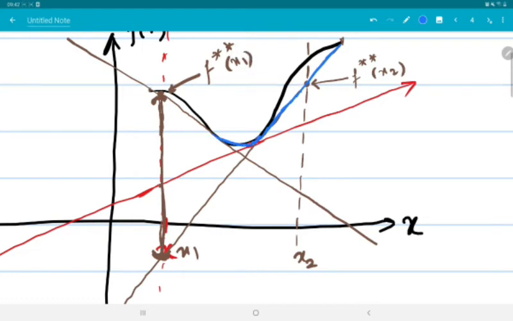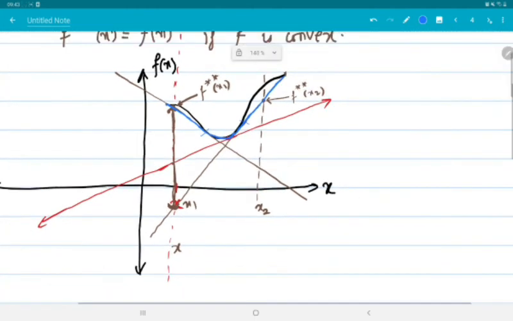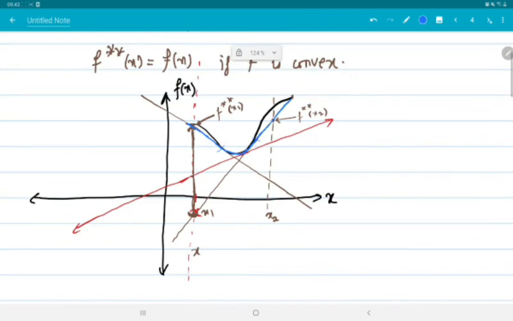It's a convex region within these limits. For a convex region, the f double star of x is going to be the same value, because it is obvious by geometry. And further we move like this. So this blue structure is my conjugate of a conjugate.